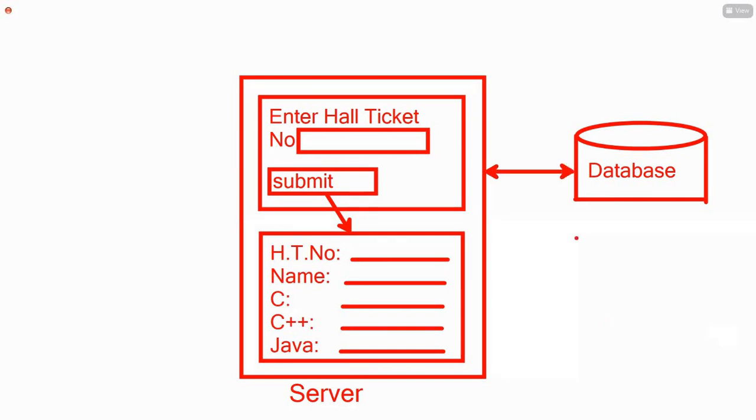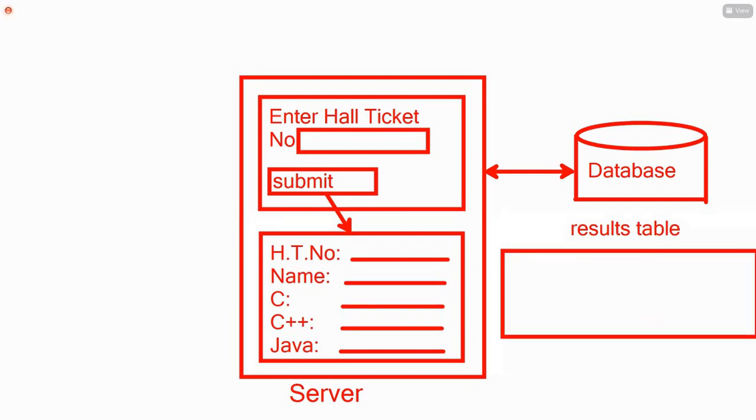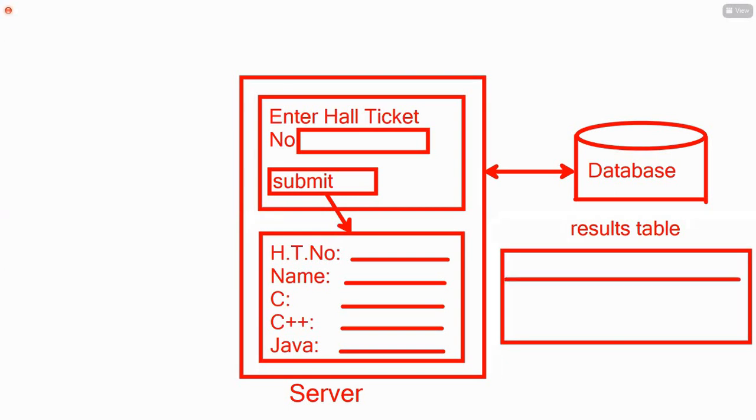Okay. Here, a table. Suppose a results table is there. In this table, we have hall ticket number, name of the candidate, C language marks, C++ marks, Java marks.